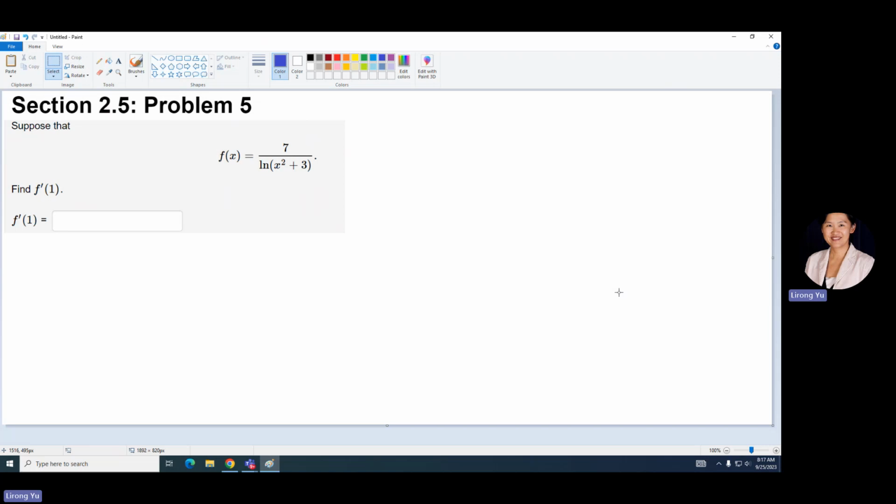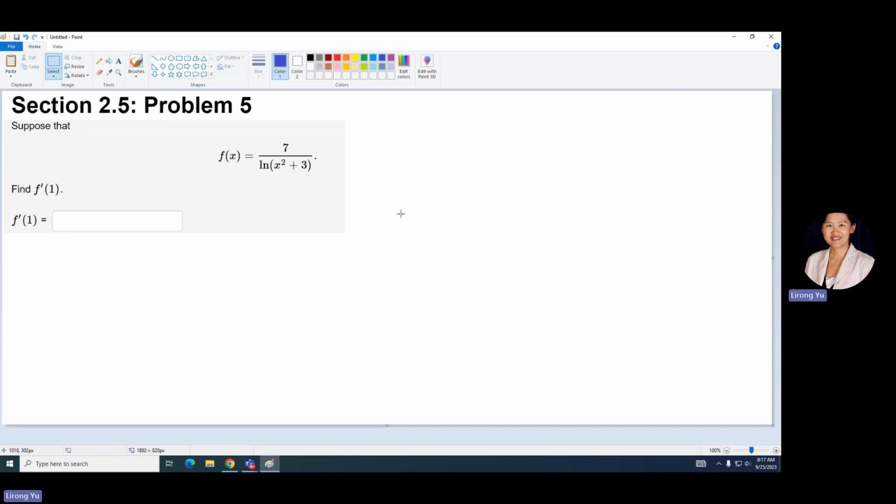If you are differentiating a division, you either use the quotient rule, which takes the whole structure of the division, or you can write it as 7 times the logarithm to the power -1. That way you can apply the power rule and chain rule for the solution. So quotient rule or chain rule, depending on how you change the format of the question. Both are the same, so you can try both ways.